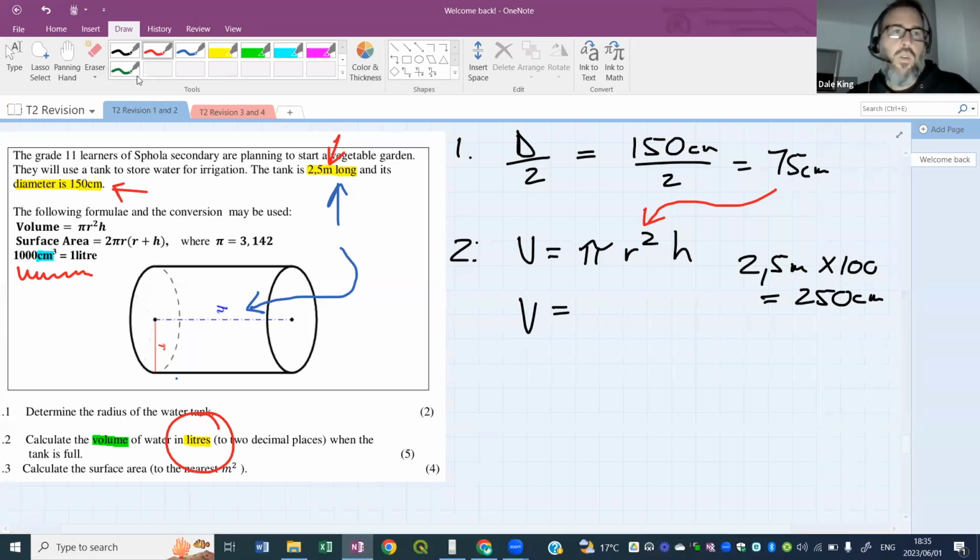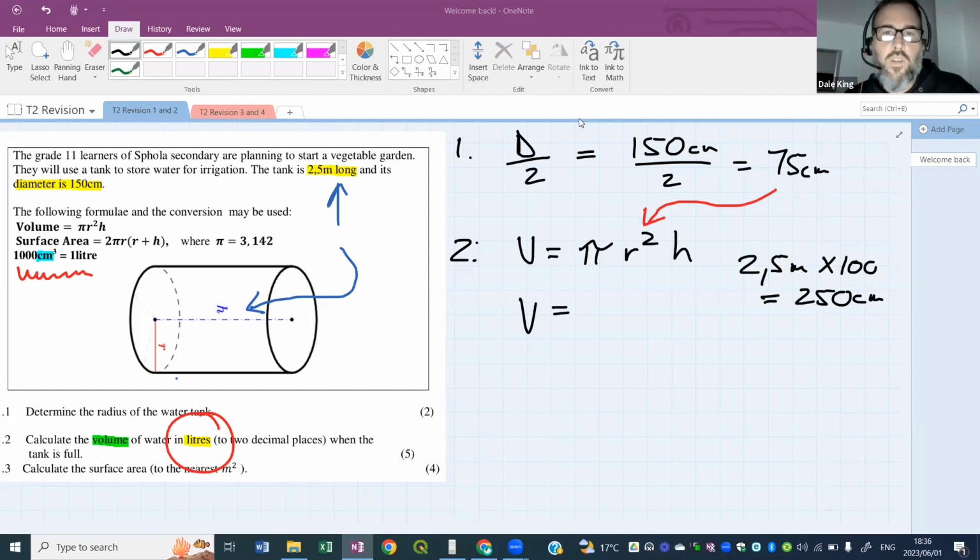So we've got to decide which one we want to work with, and I'm suggesting work with the centimeters. Don't change to meters for this formula. Work with centimeters because our conversion at the end has got centimeters cubed. So we want to stick with centimeters here. All right, that's what I'm saying for this question. And then you put the dimensions into your formula, get an answer out. It'll be in centimeters cubed. And then we're going to use this conversion on the left-hand side here to get to liters. All right.